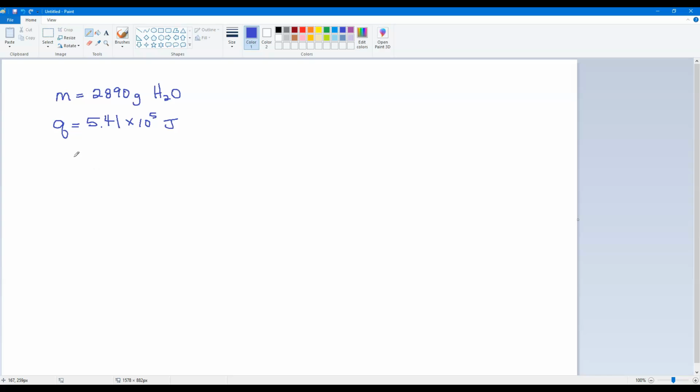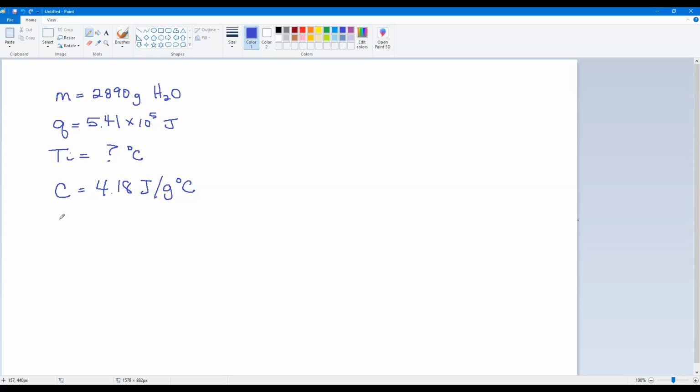We're given those two pieces of information, and we're looking for the initial temperature of the water, which we don't know, and that's going to be in degrees Celsius. But we do know that the specific heat capacity of water, or C, in the specific heat capacity equation, is 4.18 joules per gram per degree Celsius.